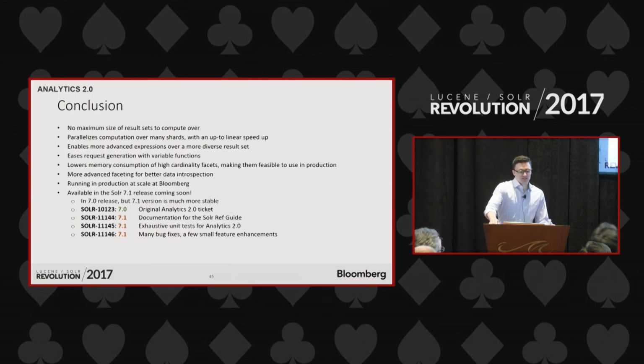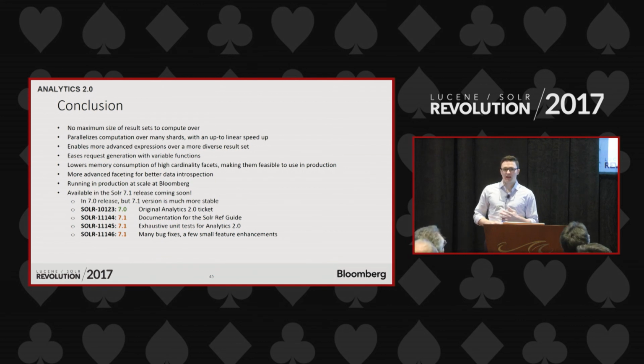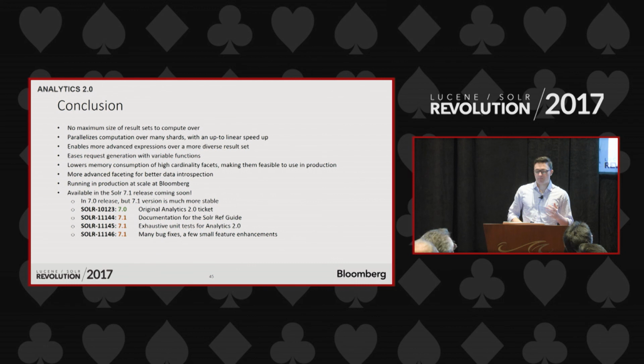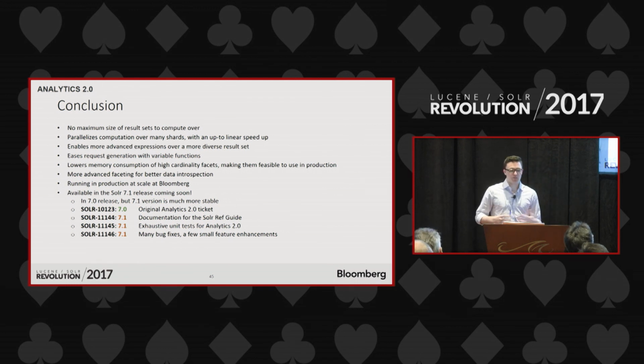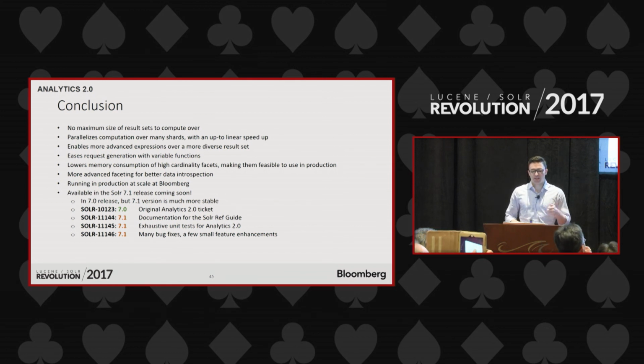So, conclusions. Basically, the new analytics component allows you to calculate your results over larger result set sizes by parallelizing the computation and removing the limit on the amount of data that you can use. We have more advanced expressions with more advanced facets as well.